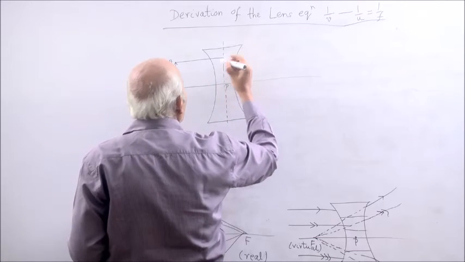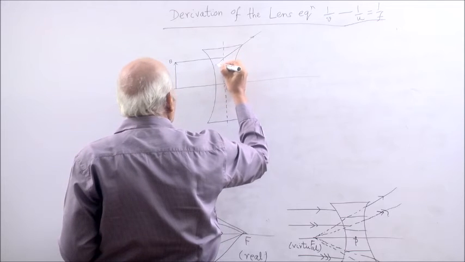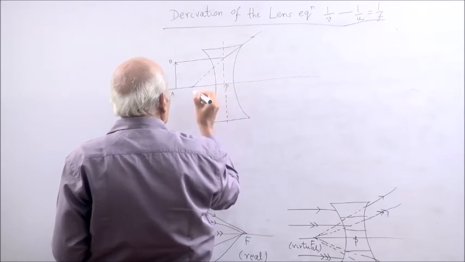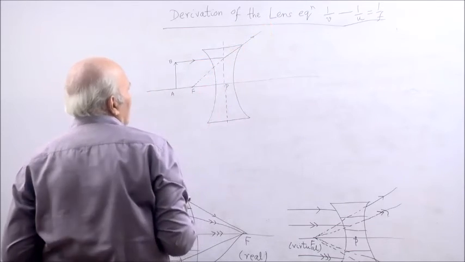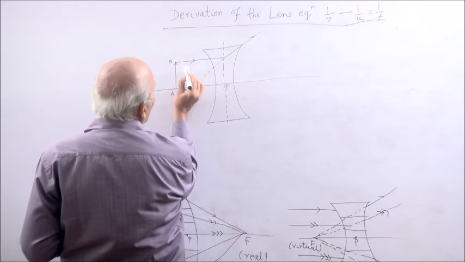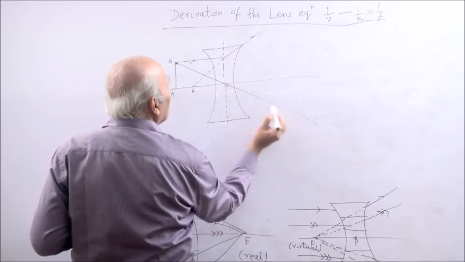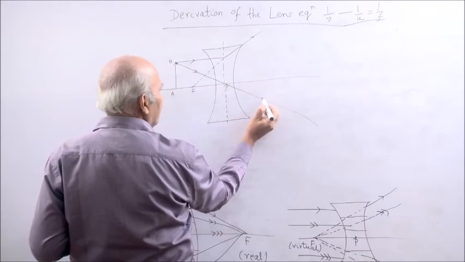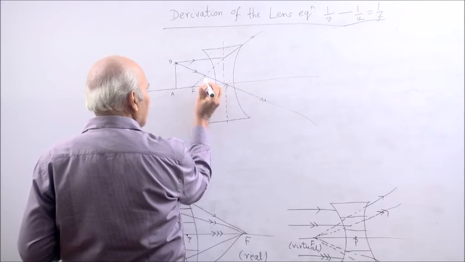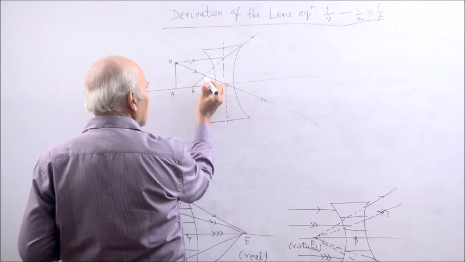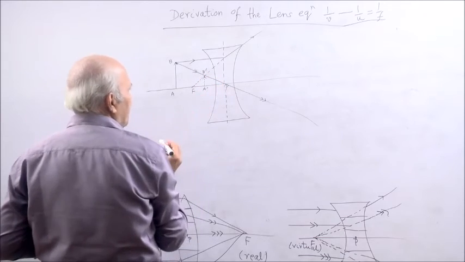So, it forms a virtual focus, appears to come from that focus. Another thing, you can pass through the optical center, which goes undeviated. There is no deviation, no shifting. So, at the point of intersection, you have the virtual image A dash B dash.